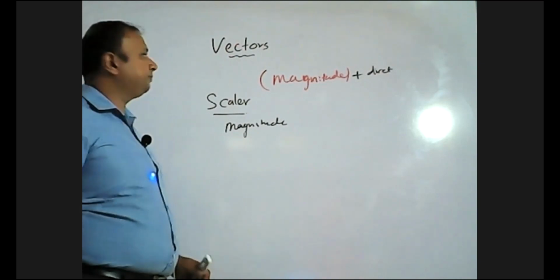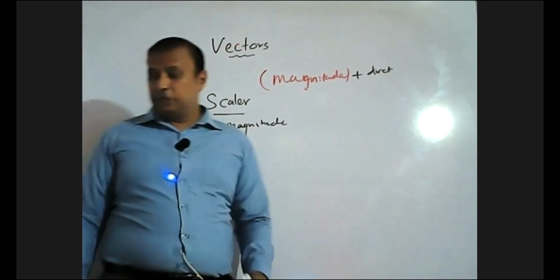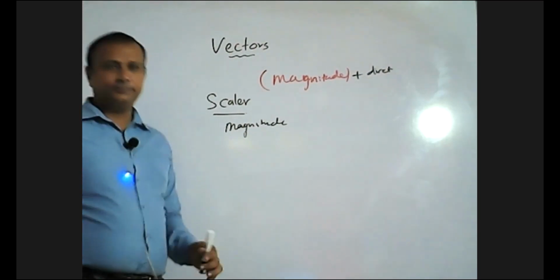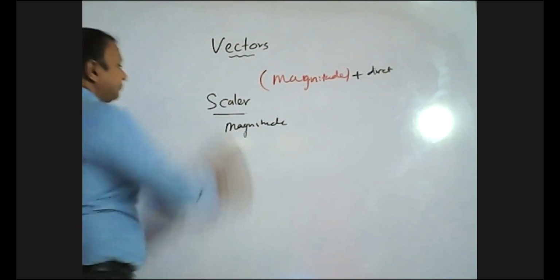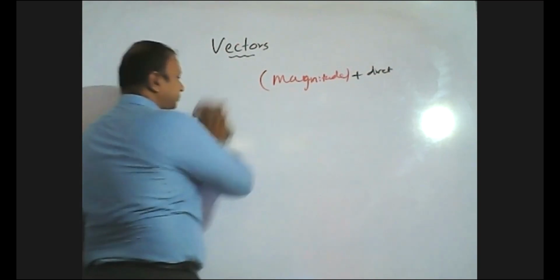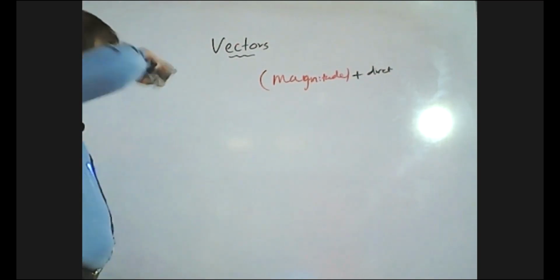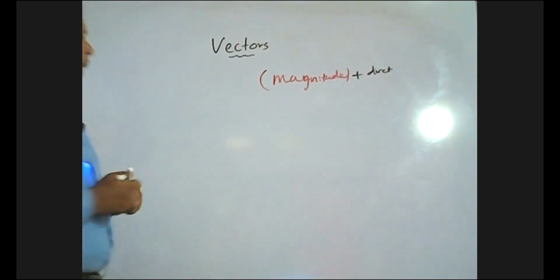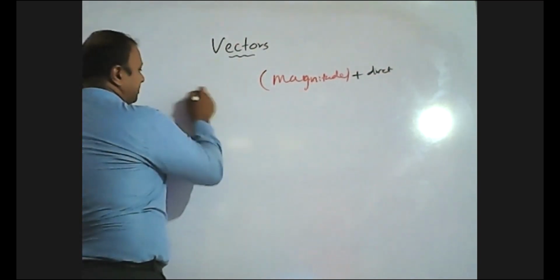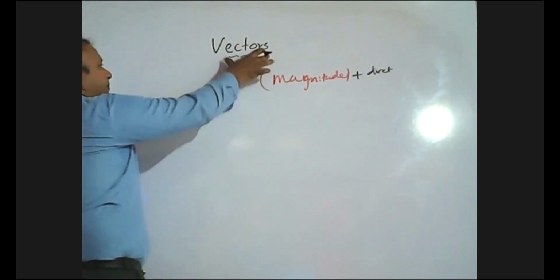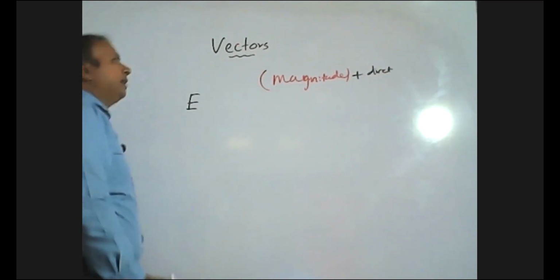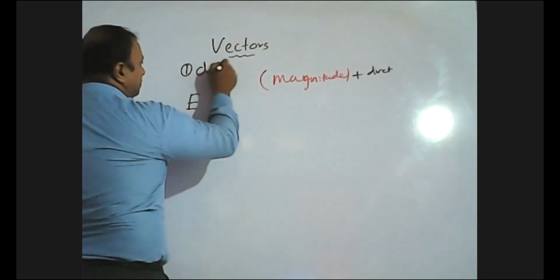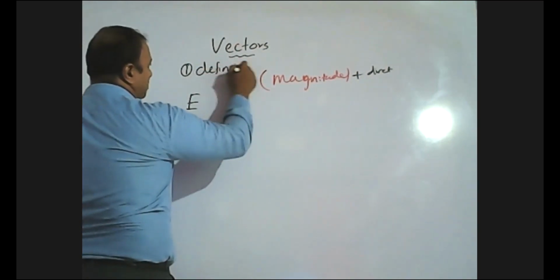Okay. Write a topic, vectors. This is the main topic. Under that main topic, write the subtopic, definition.